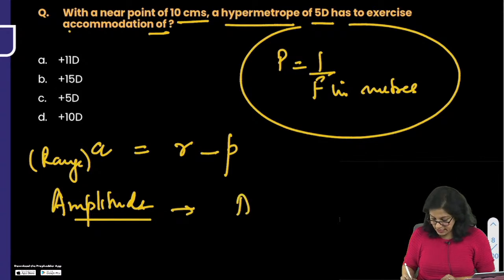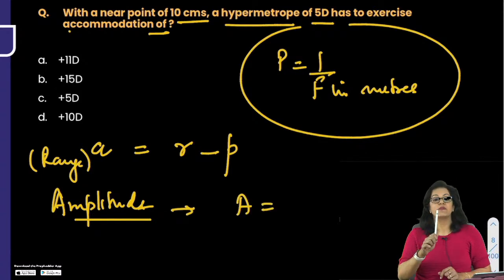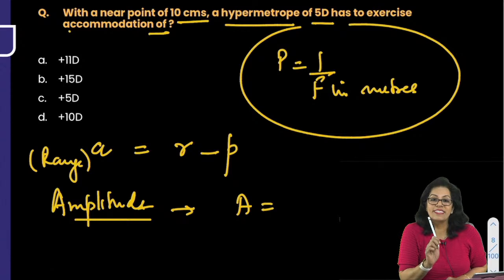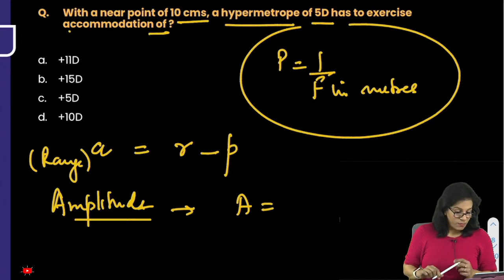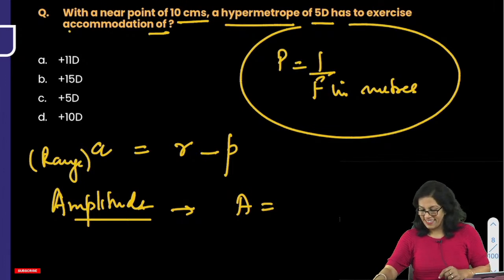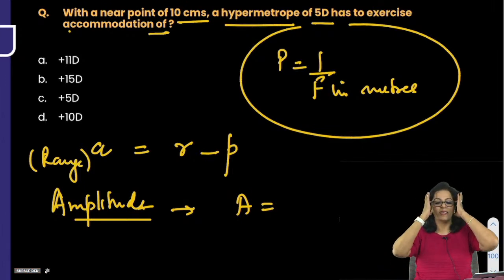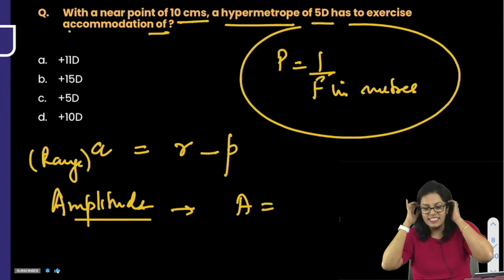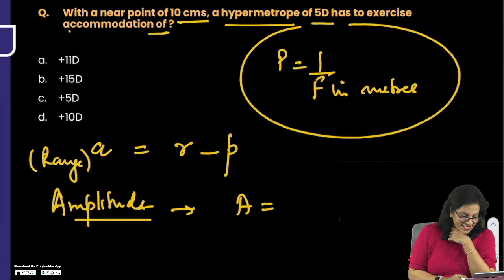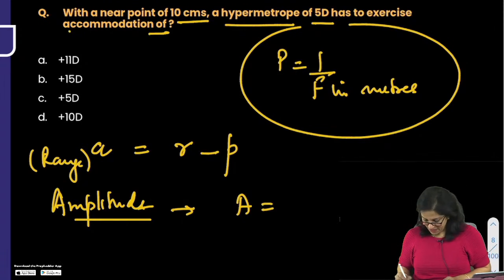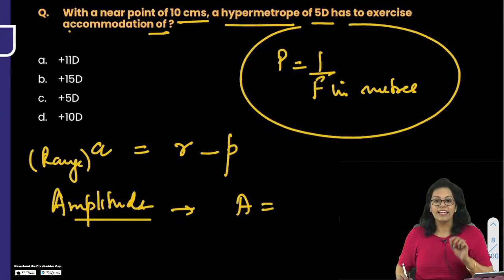This is depicted as capital A is equal to, all of you, power of accommodation will be maximum exerted when? Near point or far point? बताओ, maximum accommodation कब हो रहा है? Near में कि far में? चलो, tell me this quickly. I'll wait for the answer. Quick. Yes, near, right? Not far.